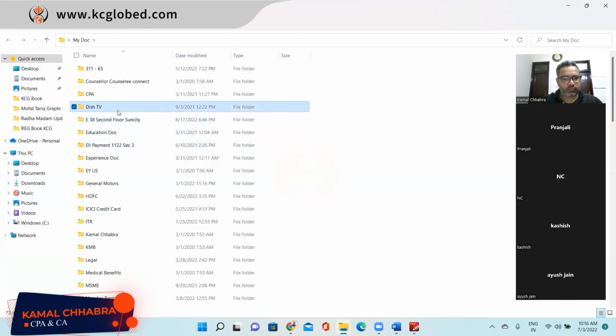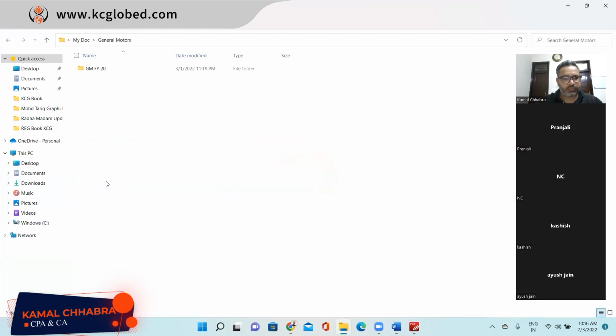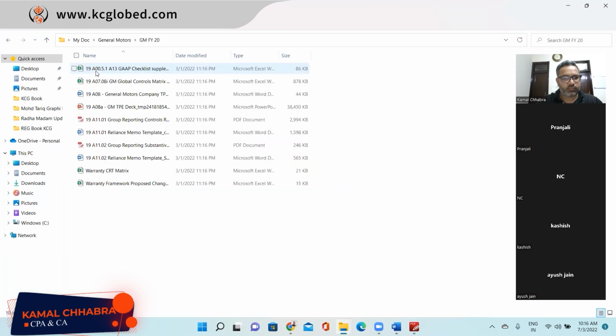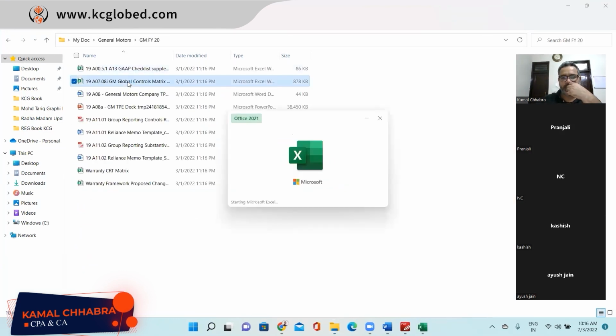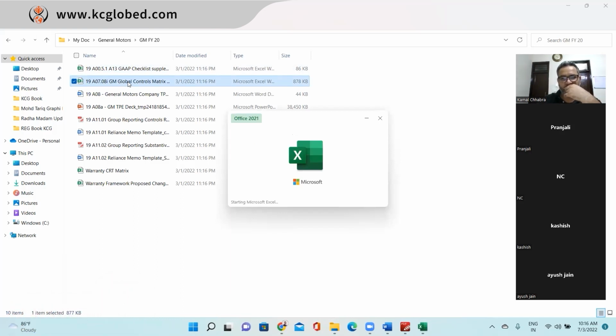All of that information is present in the risk and control reports. It also tells the frequency, and whether it's a management review control or not. So all the important aspects of a control are captured as part of that presentation.